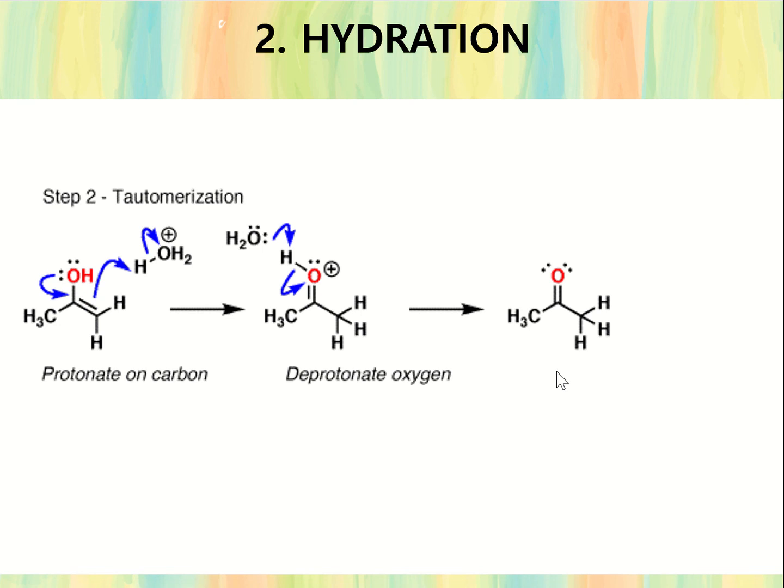So that's why it is called keto-enol tautomerization, because it's transforming from an enol to a ketone, as we see here.